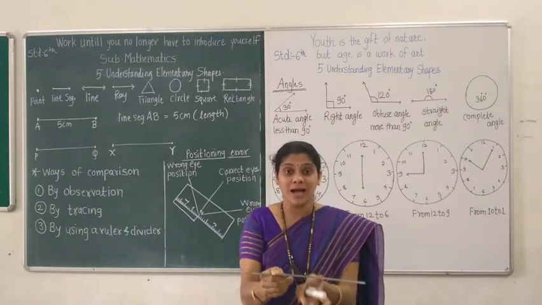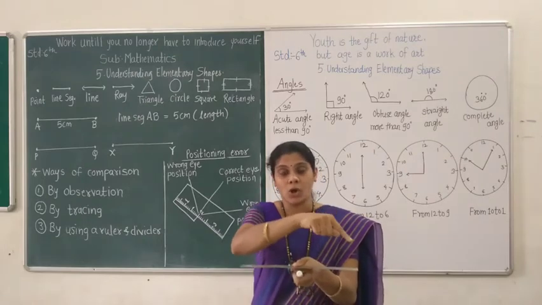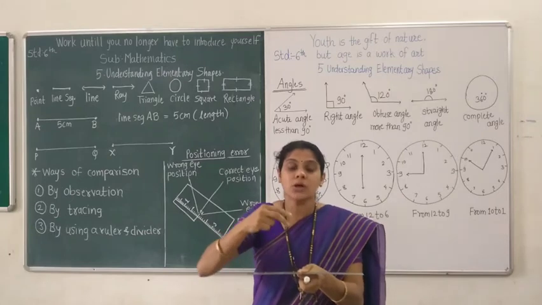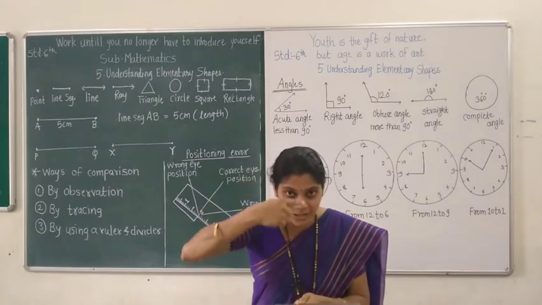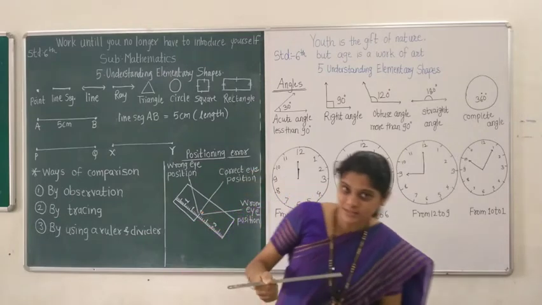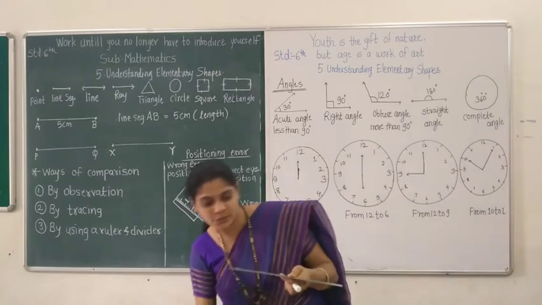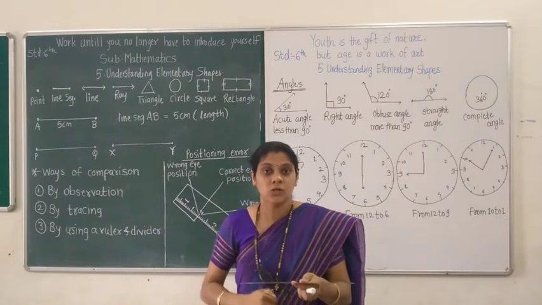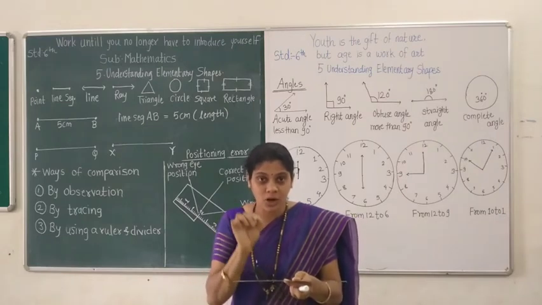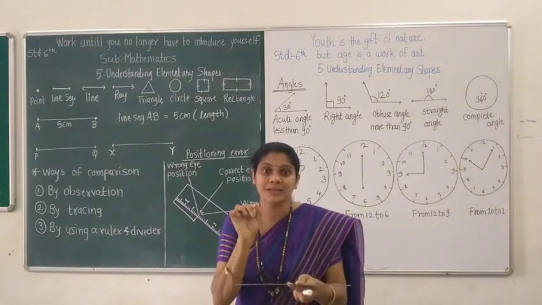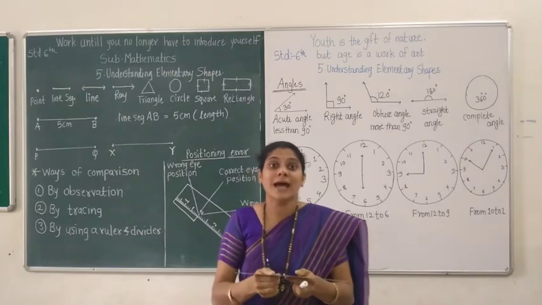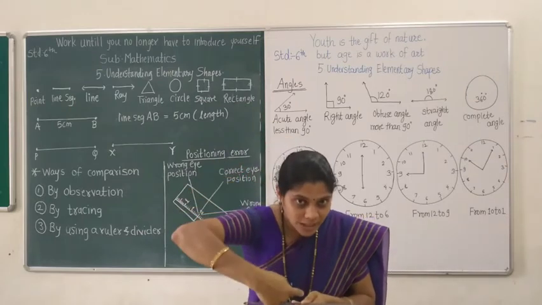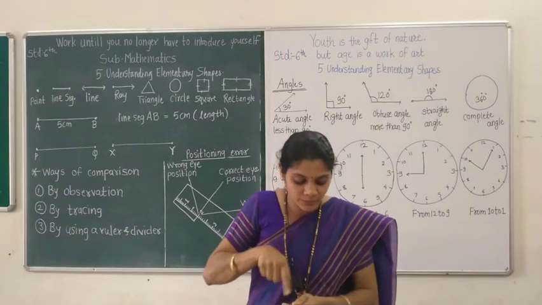If I have to draw a 5 centimeter long segment, I have to look from directly above the ruler. If I look from this side or that side, it will give a wrong measurement. So to draw a correct figure with correct measurement, we have to look from the above side of the ruler, like this.